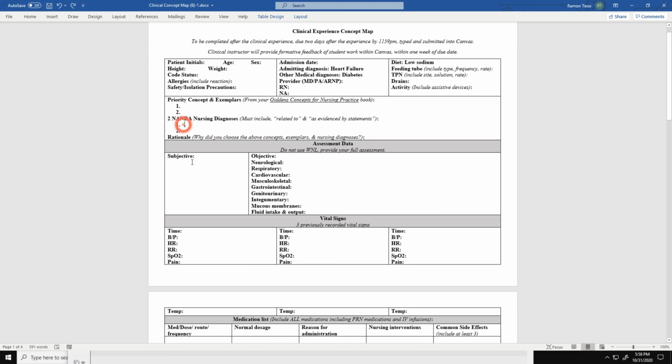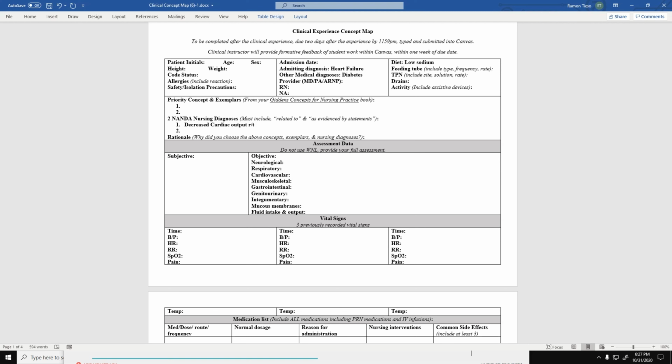Then if I come on down here, that little period doesn't belong there, you come down here and you'll pick a NANDA approved nursing diagnosis. Go ahead and look in your Ackley book. Okay, so we decided to go with decreased cardiac output, and with these NANDA approved nursing diagnoses, you always want to say related to.